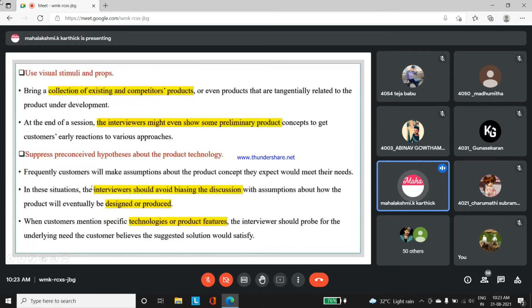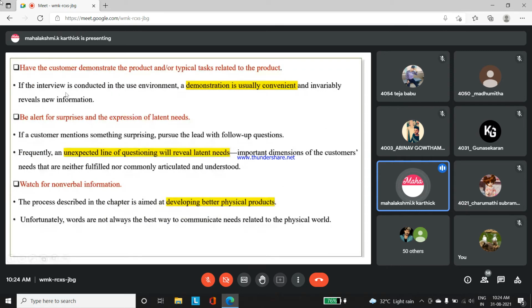So go with the flow, then use visual stimuli and props, suppress preconceived hypotheses about the product technology, have the customer demonstrate the product or typical tasks related to the product, be alert for surprises and expressions of latent needs, watch for non-verbal information.